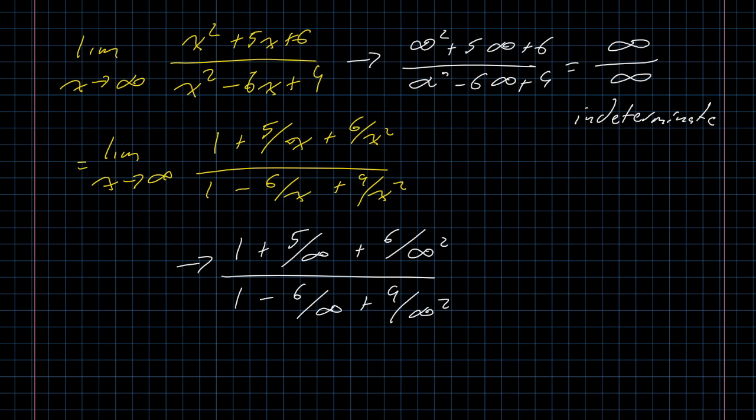All right, the big idea here: when you divide a finite number by infinity, you get 0. In this case, that leaves me with 1 plus 0 over 1 plus 0, which is just 1 over 1, and 1 over 1 is 1.